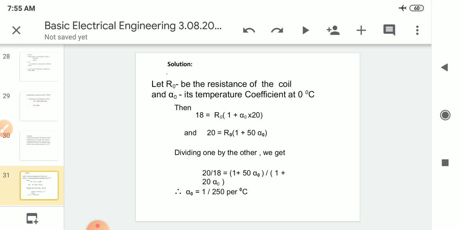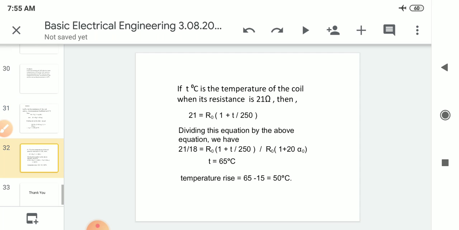What is the next step? After getting these two equations, divide one by the other. Then we are getting our alpha value. What is their question in this?